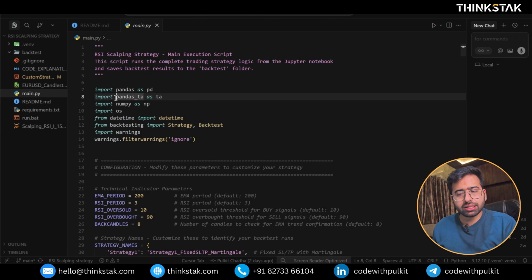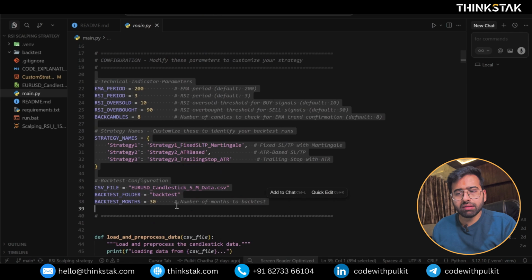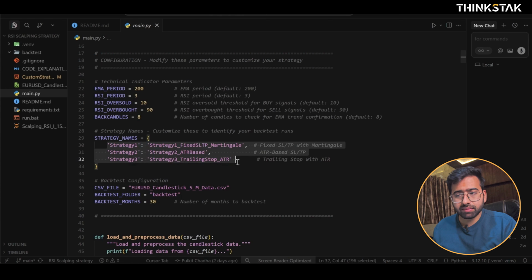We are using pandas TA for indicator calculation and backtesting module for backtesting. These are the configurable input values, like for EMA 200 period, RSI period, oversold and overbought levels, back candles. You can change these according to you. Then we are running 3 backtests simultaneously here.